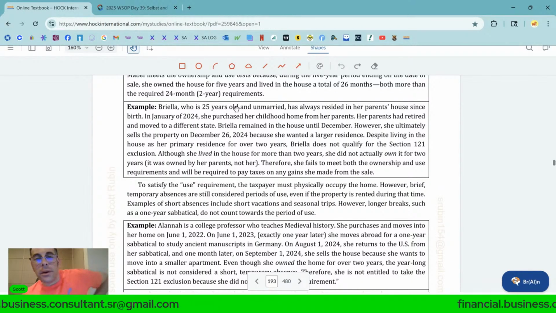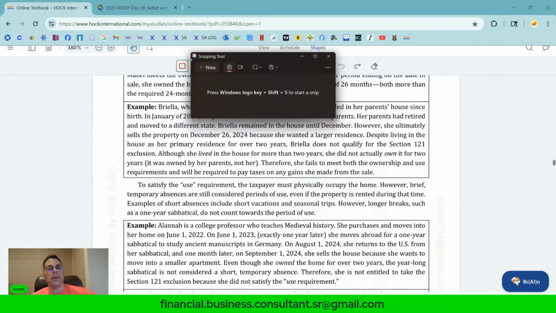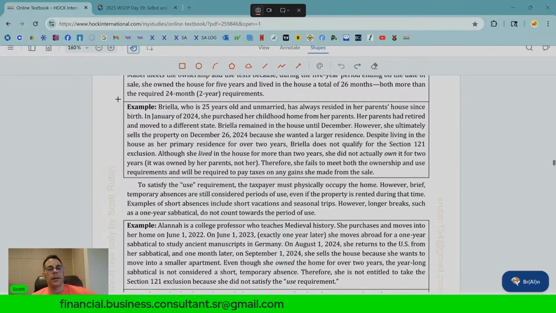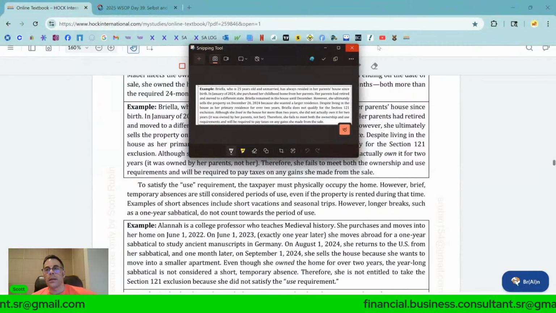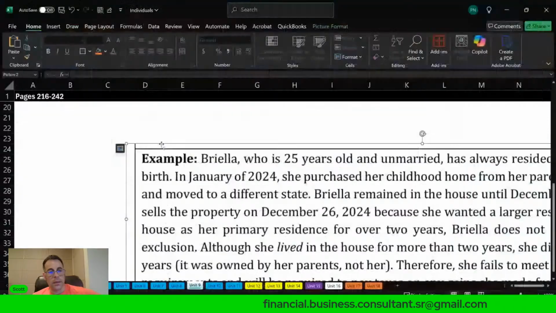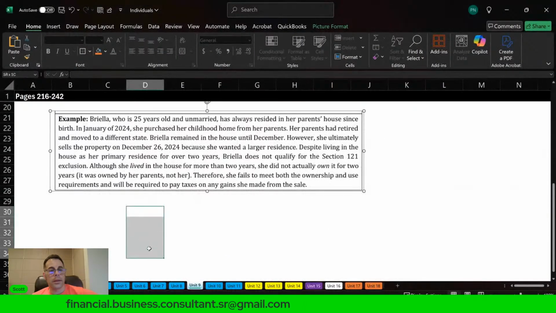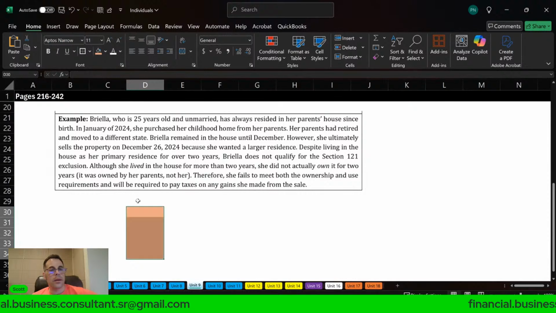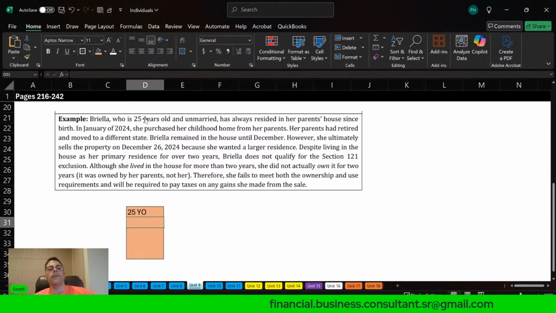Briella, who's 25 and married. Well, this is the one I talked about, where she lived in the house but didn't own it. So this girl lived in the house she grew up in for 25 years.